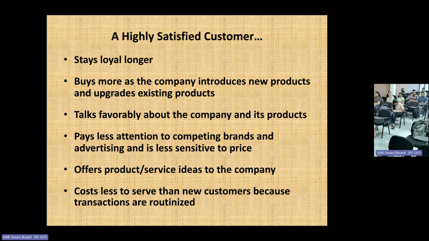And also, if you feel like giving ideas to that brand, you will for sure do it, because you like it. You might give some ideas.